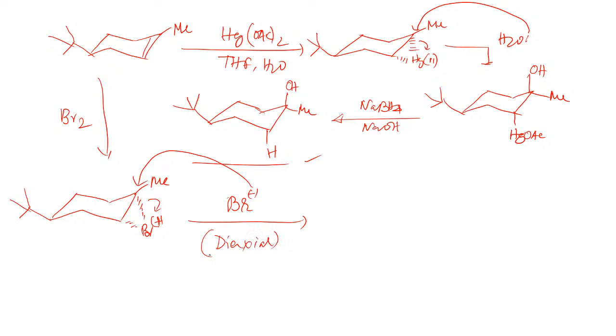So you can maintain 180 degrees between the nucleophile and the leaving group. So you get the diaxial bromine. Maybe later it can flip, but this will be trans. The relative geometry will be like this.